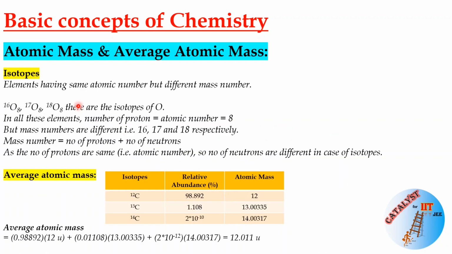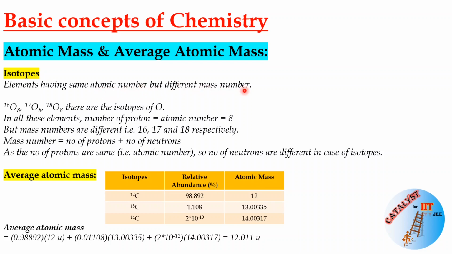Okay. Now, before we try to understand the average atomic mass concept, we need to understand the concept of isotopes. We'll discuss these isotopes in detail in our atomic structure classes. But before that, here just try to understand it in a very brief way. Isotopes are elements having the same atomic number but different mass number. What do you mean by atomic number? Atomic number is the number of protons in the nucleus, correct?